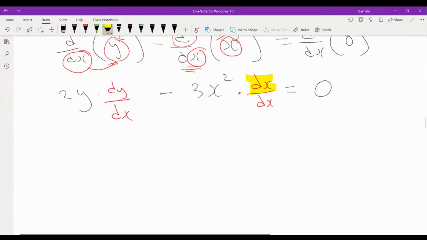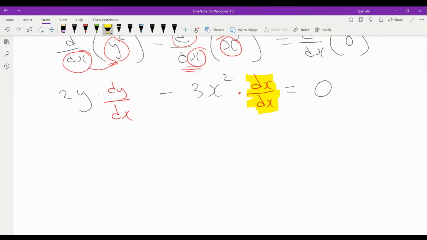What is this equal to? It's not as complicated as you're thinking.